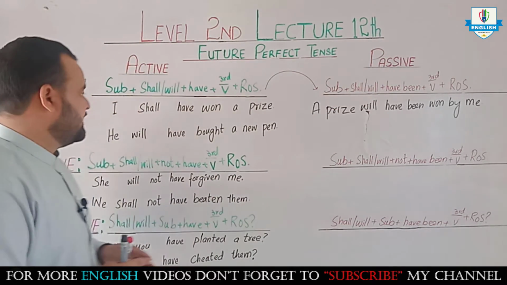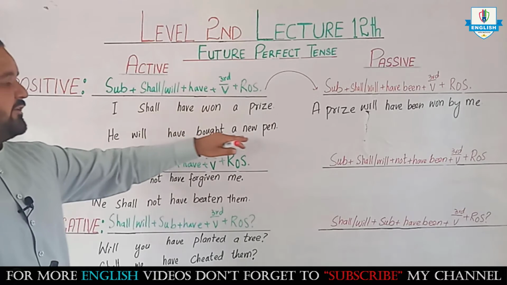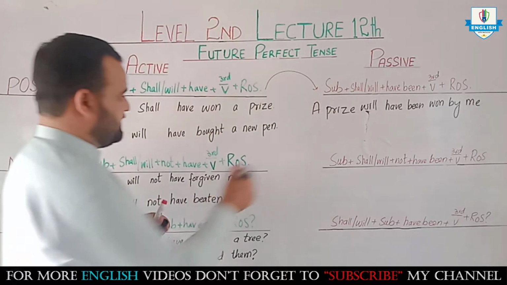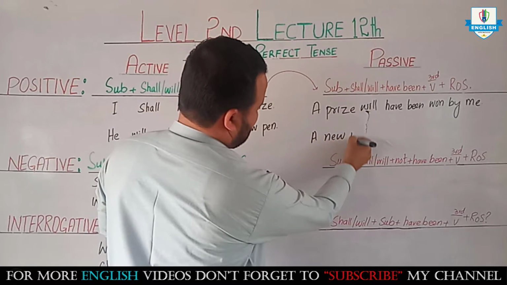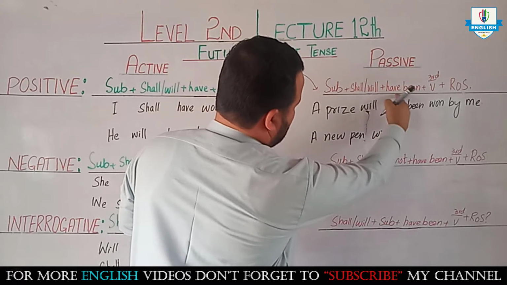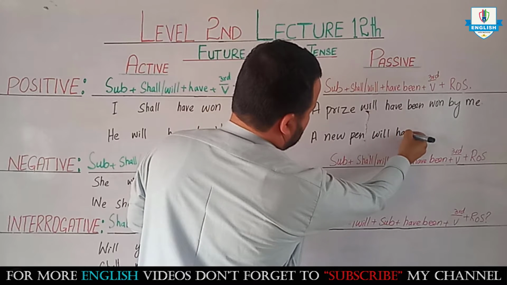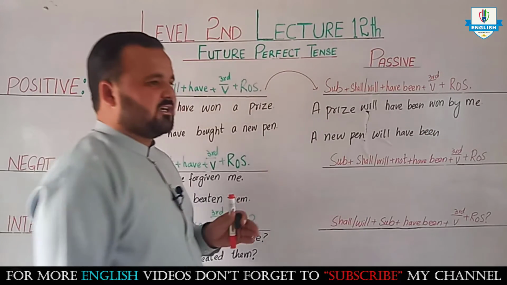Got it? Second sentence: he will have bought a new pen. The object, a new pen, will have been bought.